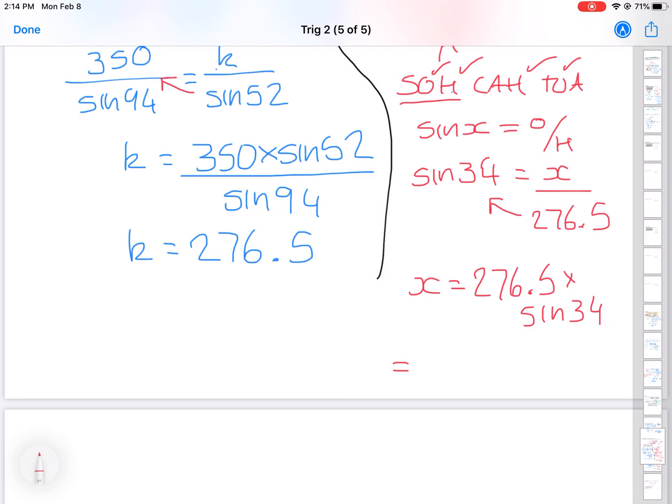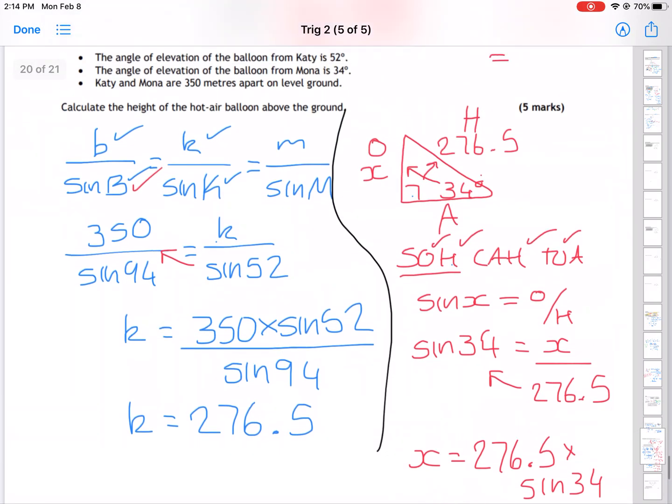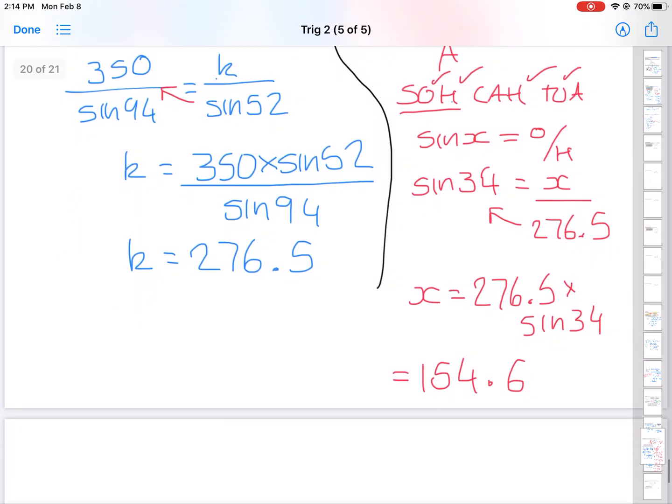Quite a lot of work to get here, but it is worth a nice 5 marks, and you do pick up loads of marks anyway throughout the calculations. So we times that here, we get 154.6 metres as our final answer. Let's just make sure, yep, working with metres.